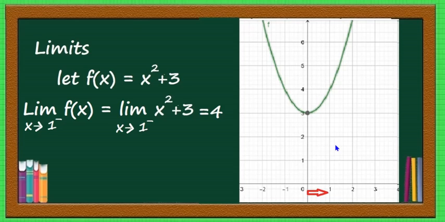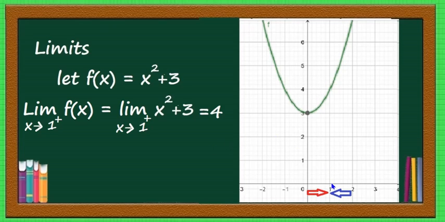Similarly, when x approaches 1 from the right side of 1, we denote it by limit x tending to 1 plus f of x. You read it like this: limit x tends to 1 plus f of x, which is equal to limit x tending to 1 plus of x square plus 3, and it is also equal to 4. This is called the limit of f of x from the right side of 1.